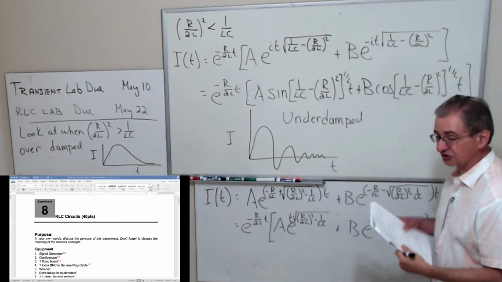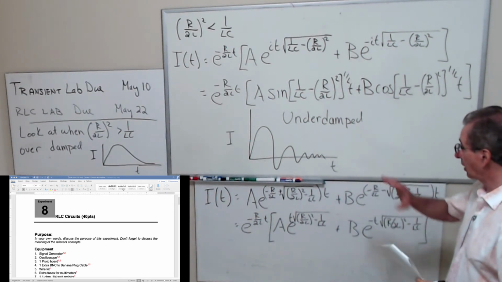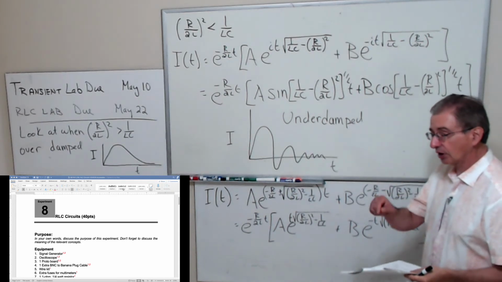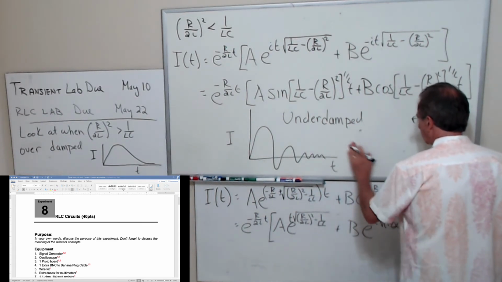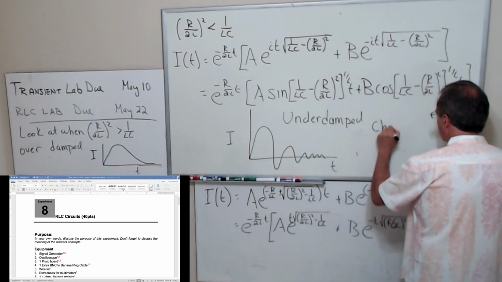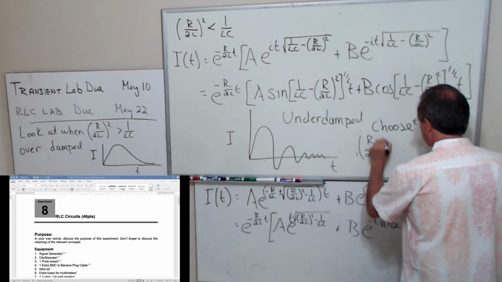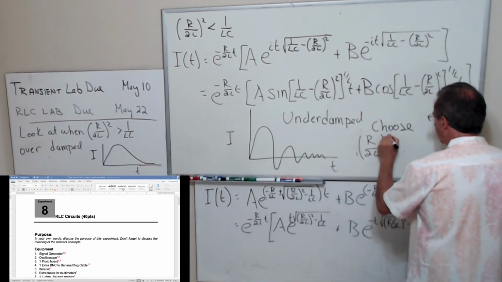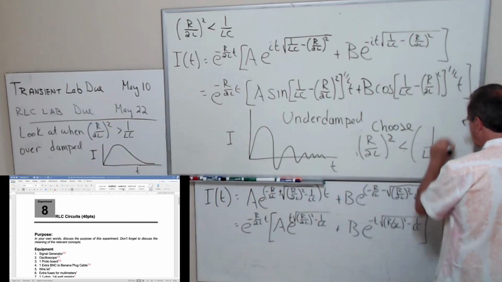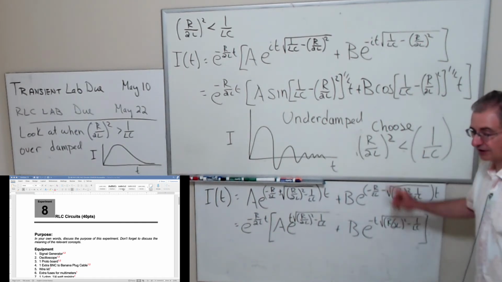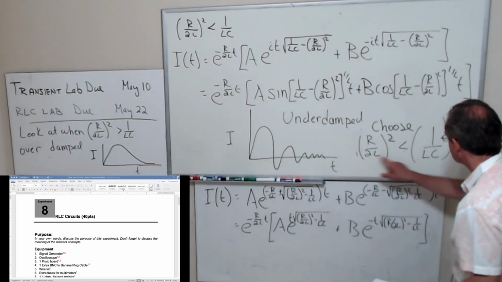You see this in circuits, and in some circuits you don't want this. This is called ringing. You don't want ringing in circuits. So what you're going to do in the lab, you're going to choose R, L, and C so that you satisfy this equation.